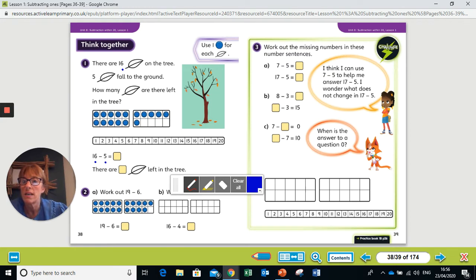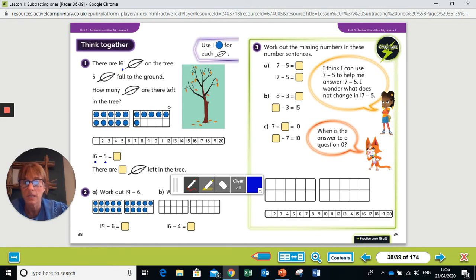So we can use our tens frame. So we start with how many leaves did we have at the beginning on the tree? We had 16, and there's our tens frame with 16 counters in them. There's 10 in there, 10, say that number in your head, 10, 11, 12, 13, 14, 15, 16. So that tens frame's got 16 leaves in it, and 5 fall to the ground.